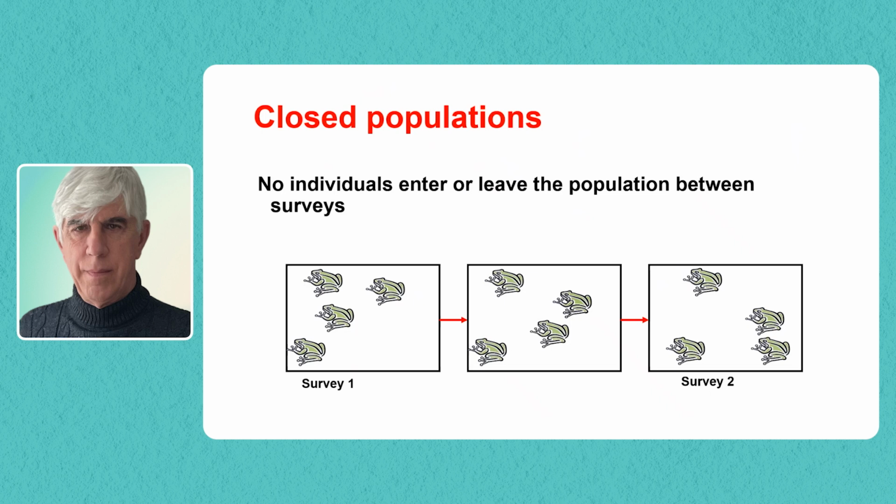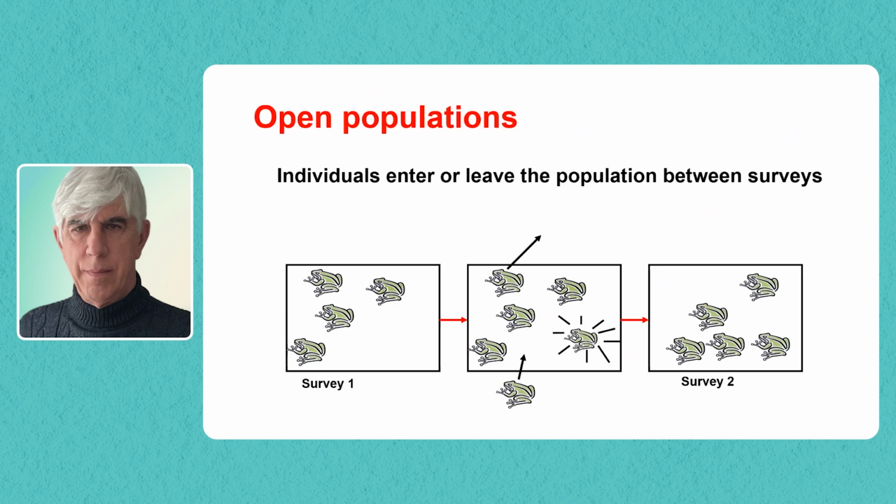There are a number of different methods. What is really important to understand first is whether you are studying a closed population or an open population. A closed population is an area in which the number of animals remains the same, because there is no change, for a number of reasons that I will tell you now.